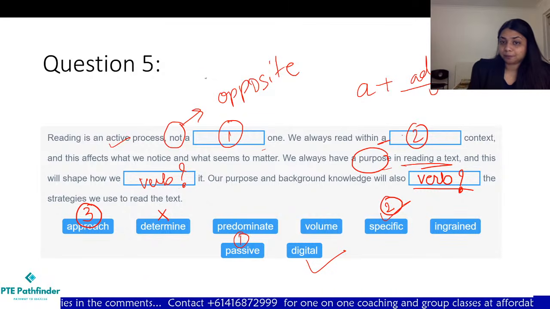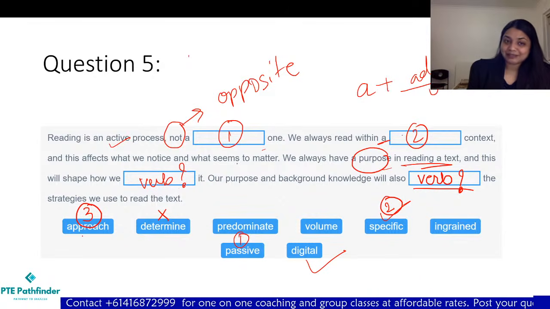So we already used approach. So for the last answer, it would be what? Good work, Sneha. Good work, Yuvraj. Good work. Yep. So in this case, we have the last answer as determine.